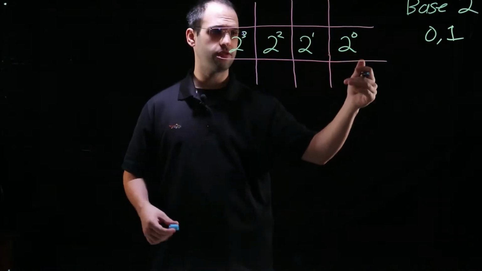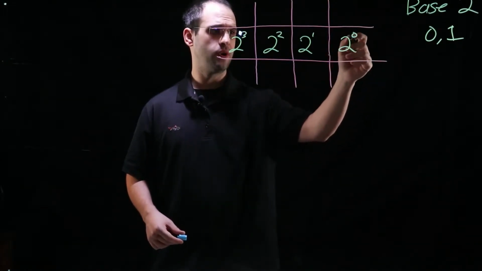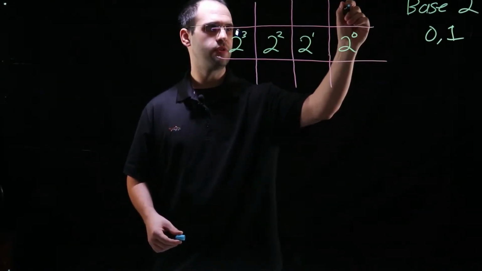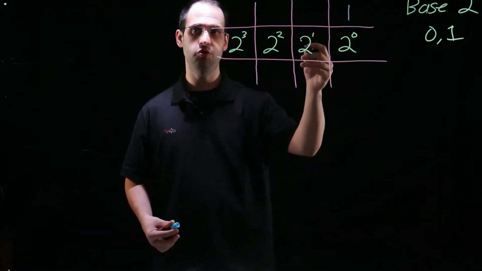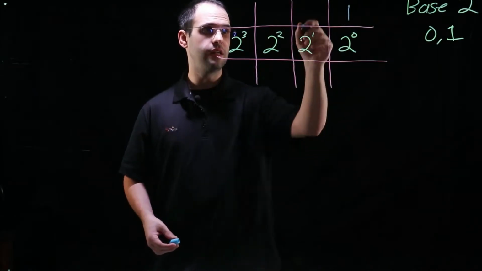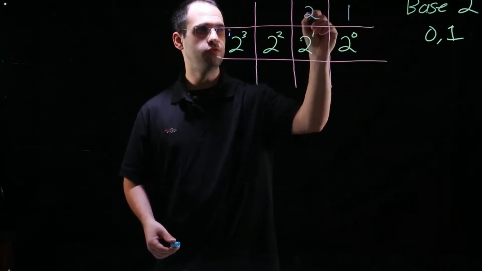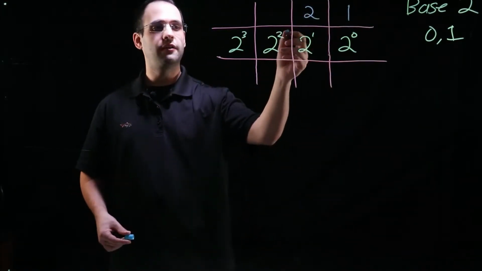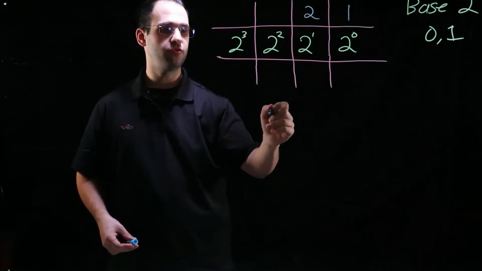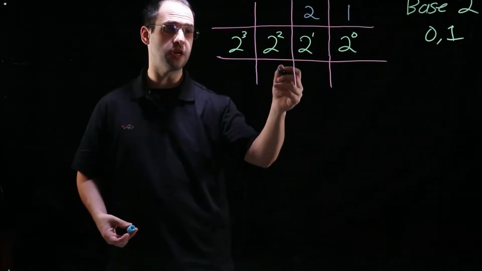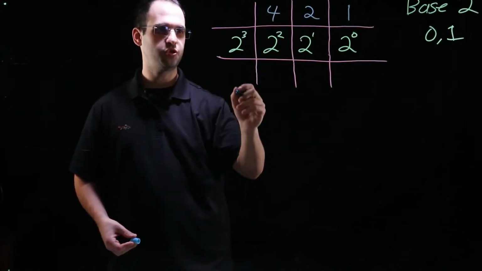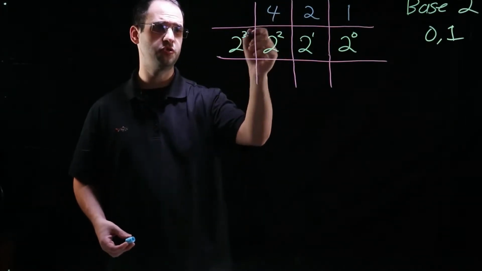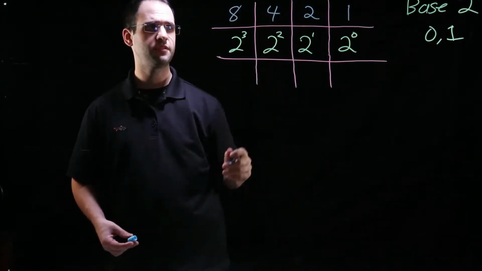Again, this is some basic exponents. 2 raised to the 0th position is going to be a value of 1. Then 2 raised to the 1st is 2. 2 times 2 is 4, and 2 times 2 times 2, or 2 to the 3rd, is 8.